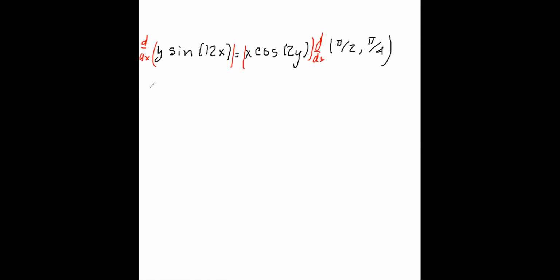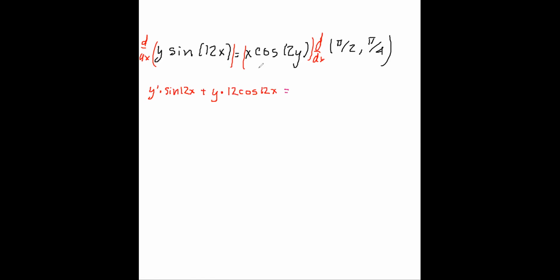So I'm going to start by saying this is y prime times sine 12x plus y times, and this is going to be 12 cos 12x. Is everybody cool with that? The derivative of sine 12x, you just pop that on the outside, as you remember if we talked about it last week. Otherwise, you can explicitly go through and do the chain rule to get that there. Okay.